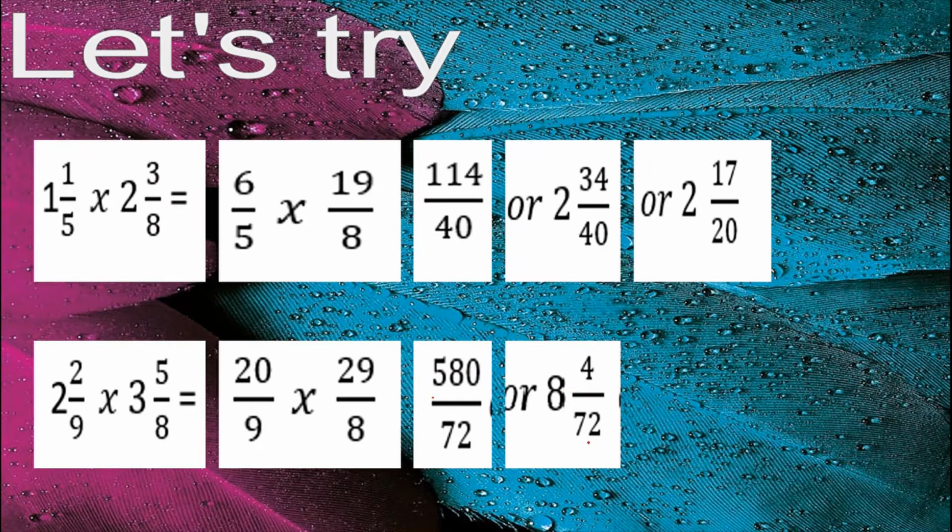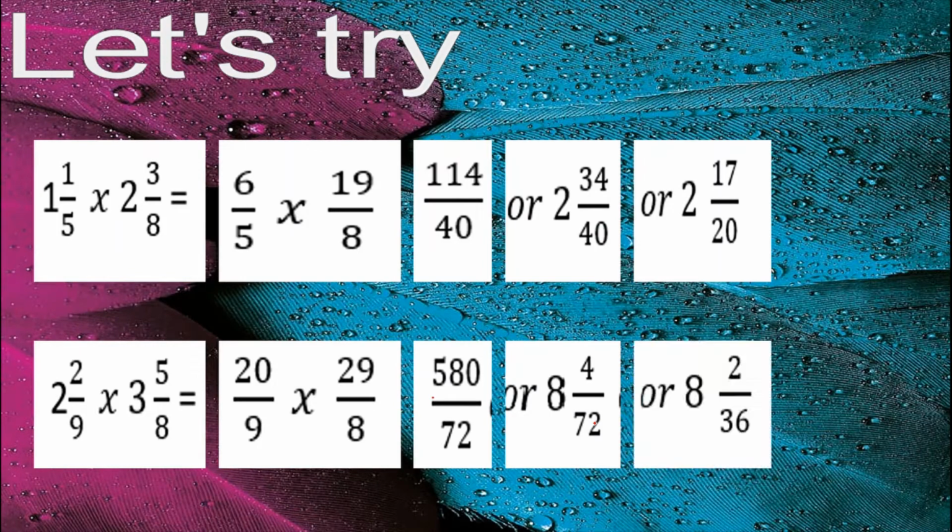Can 4 and 72 still be reduced to lowest terms? The answer is yes, we can still reduce this by dividing 4 and 72 by 2. So for our answer, we have 8 and 2 over 36. But we can still simplify this one by dividing 2 and 36 by 2 also.